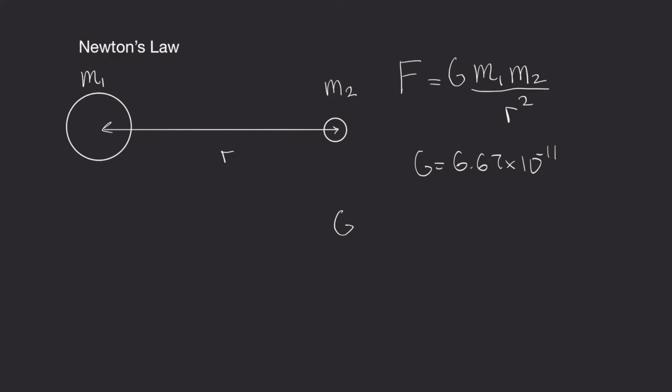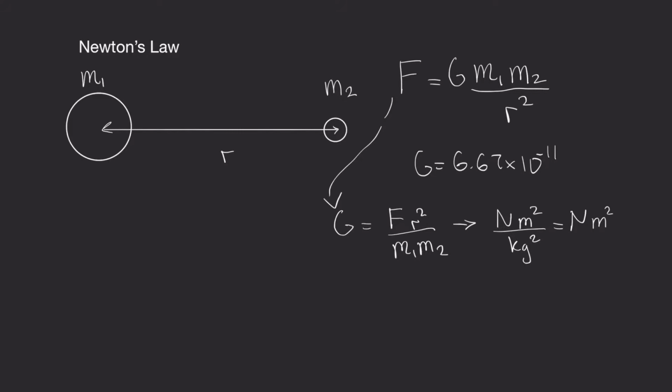If we were to rearrange this equation for G, we're going to get that G is equal to F r squared, divided by m1 and then m2. So this means that the units of G can be expressed as newtons meters squared, divided by kilograms squared. So this here will be equal to N m² kg^-2.